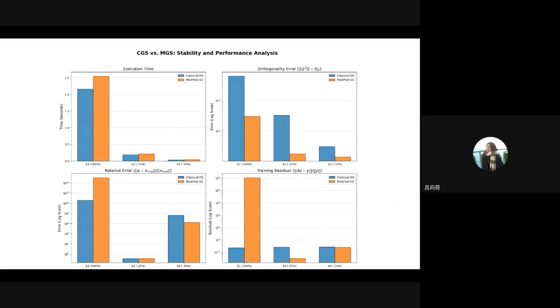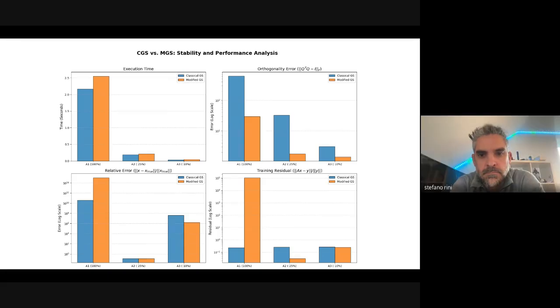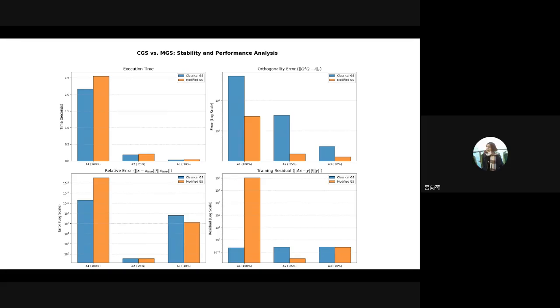Yeah. If we calculate the difference, the modified GS becomes larger than the CGS. I see. Okay. And for the training residual, when we see the A1, the MGS is larger than the CGS.